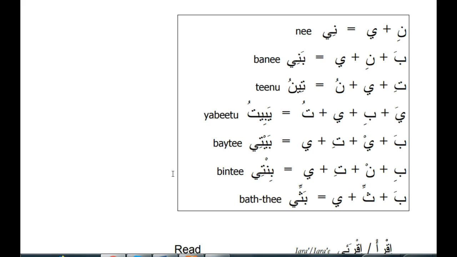Bint means girl. Binti, my girl. Bait, house. Baiti, my house. But for the sake of reading it in this exercise, as we did with baiti, it will be biinti, which is not how we will read it otherwise. And then, ba fatha, tha shadda kasra, ya, bathi, or biithi, for the sake of this reading again.